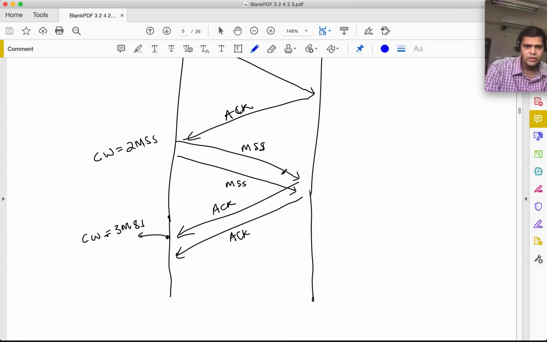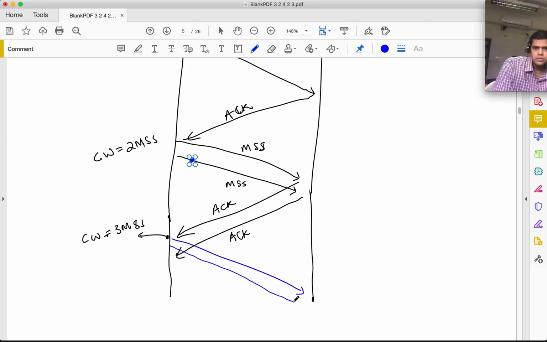This packet we've got the acknowledgement, so this one is outstanding. We haven't yet got back the acknowledgement, but we are allowed to have 3 packets, 3 MSS amount of bytes outstanding. So what would we do here? We would send out 2 more packets. Okay, and then we've hit the limit of 3.